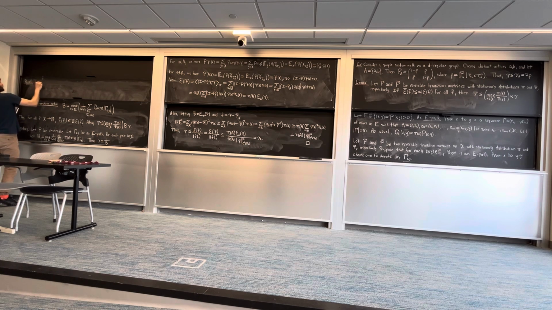Okay, let's define this p tilde of xy to just be pi of y. So this is a transition matrix of a Markov chain, but it's kind of weird.